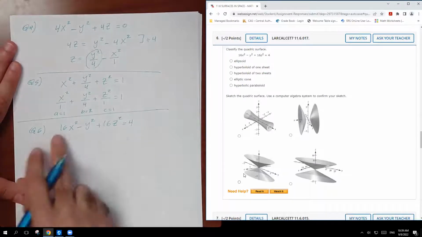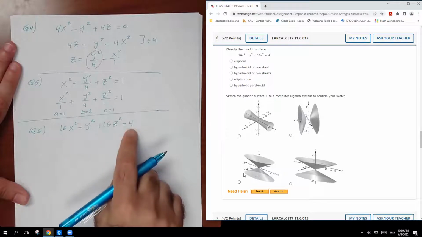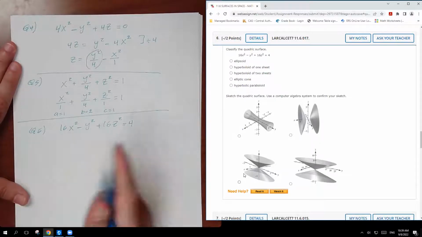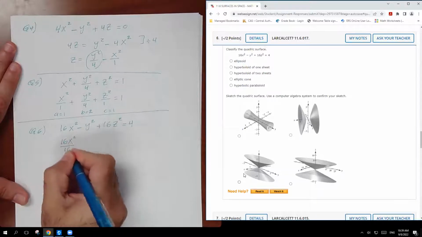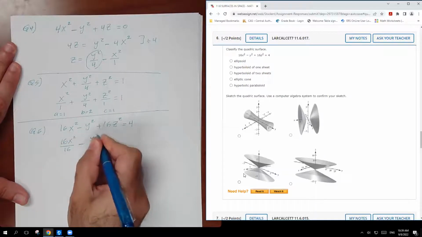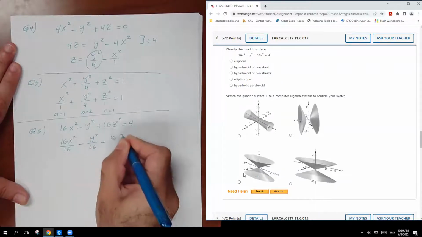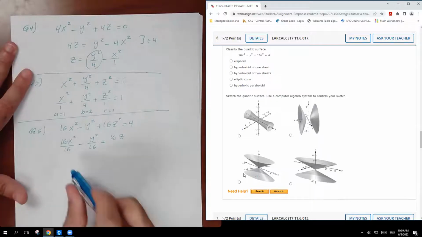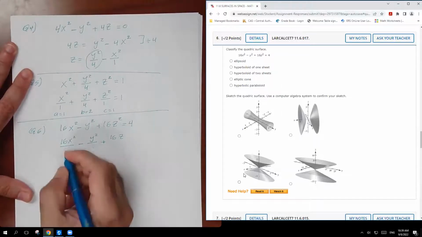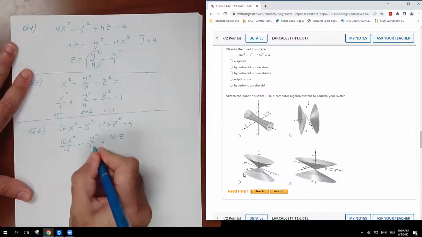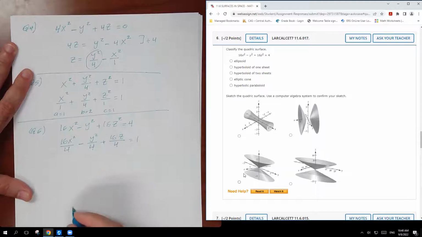What I'm going to do on this one is exactly the same thing. We need to make this side equal 1, so divide everything by 16. That means 16x squared divided by 16 minus y squared divided by 16 plus 16z squared divided by 16 equals 4 divided by 16.